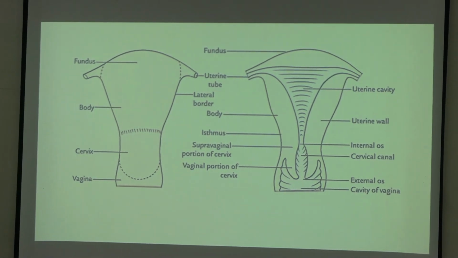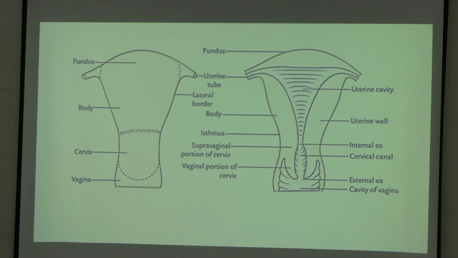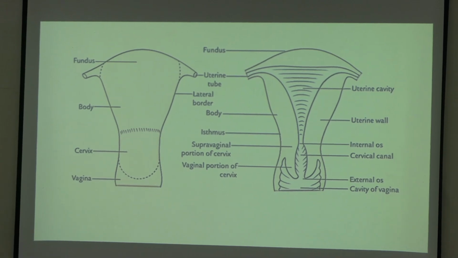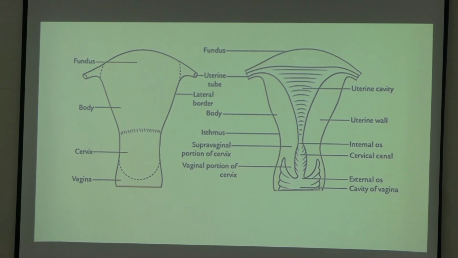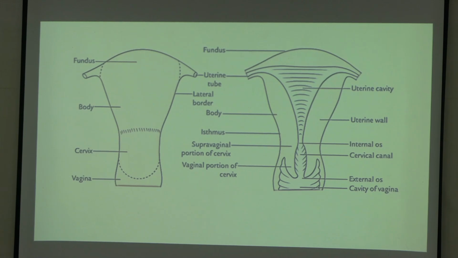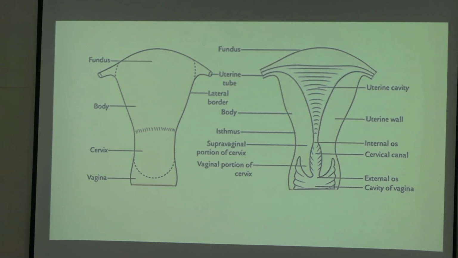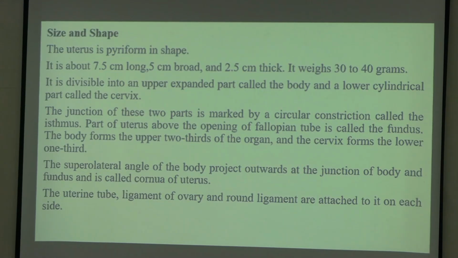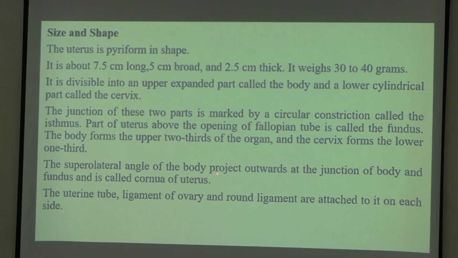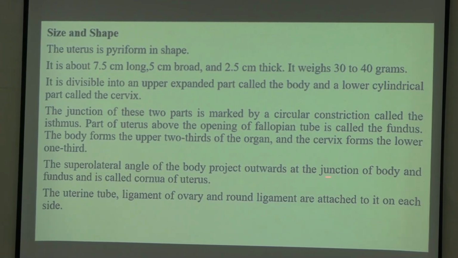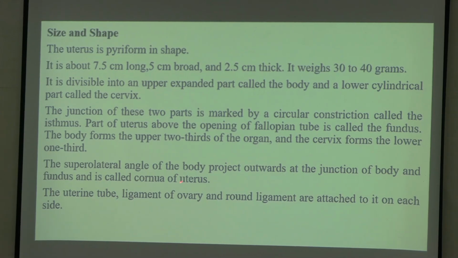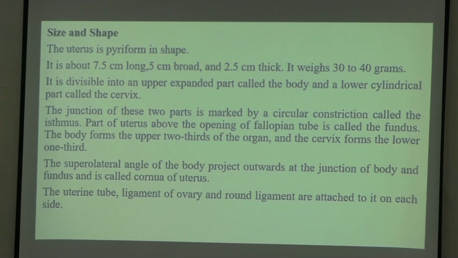Okay. Next, in the body, different parts are there that you have to know, and along with that, different surfaces and different borders that you also have to know, because those have some important relations. Next, the superolateral angle of the body projects outwards at the junction of the body and the fundus, and that is called the cornua of the uterus.